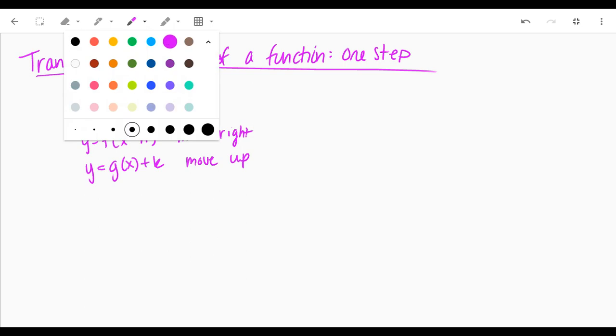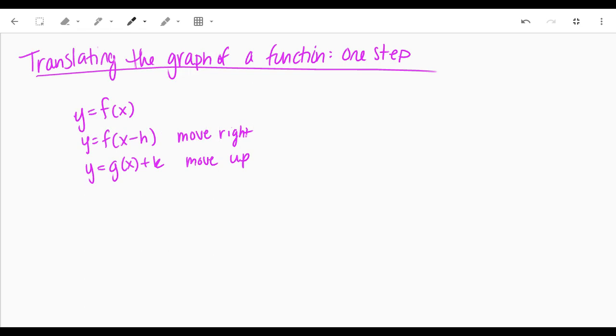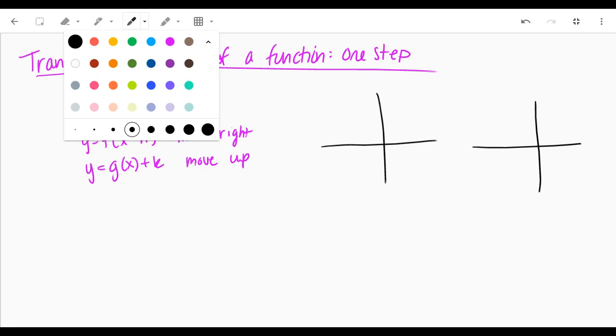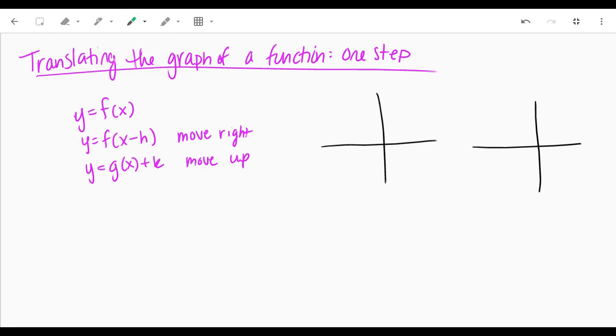So some examples that they give in the first one that I'm seeing here. Okay, they have this is your graph of y equals f of x, and it looks to me like it's just an absolute value one.